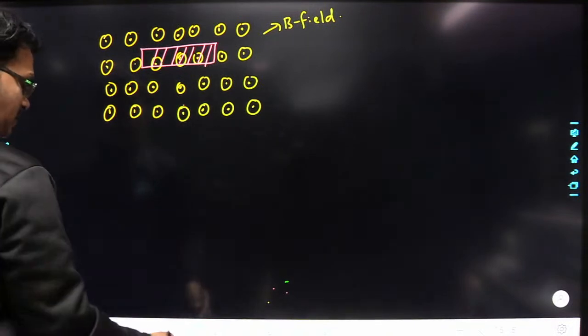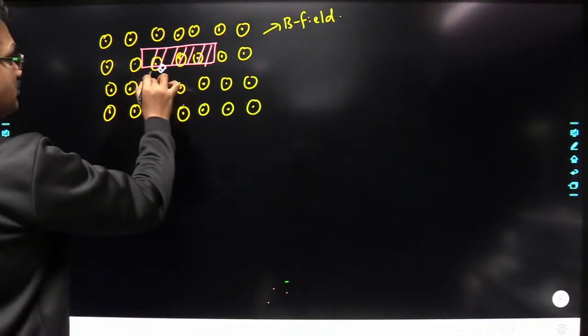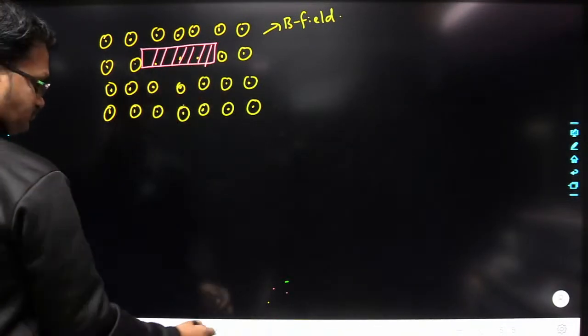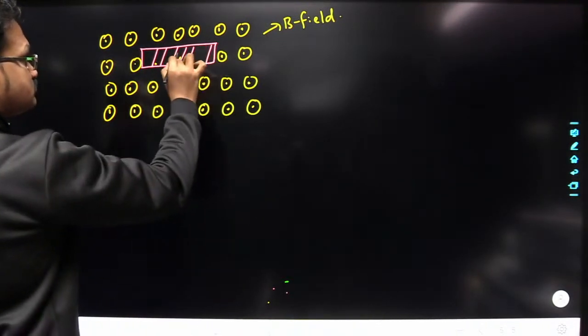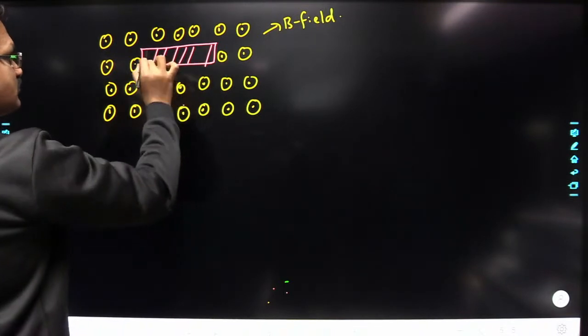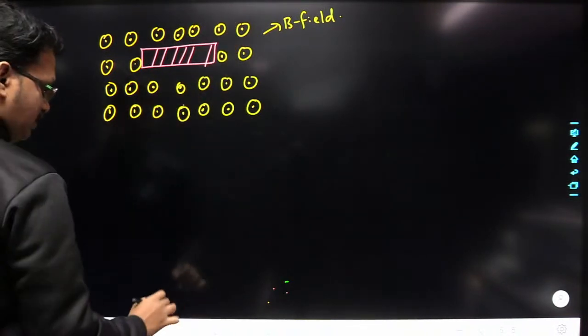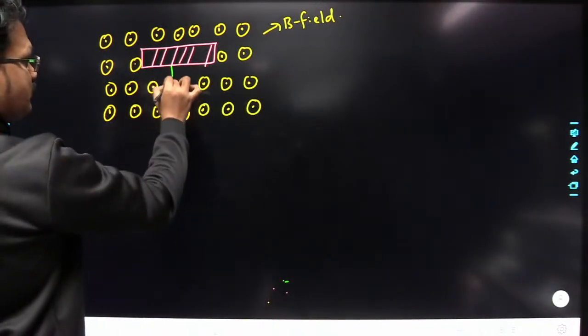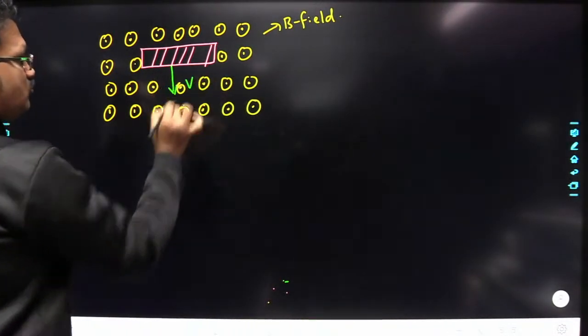This is the conducting bar and this is the B field. Now let us consider this conducting bar is moving with velocity v in the downward direction.